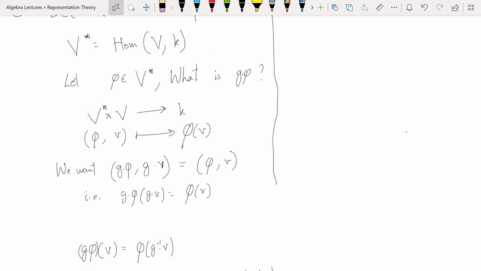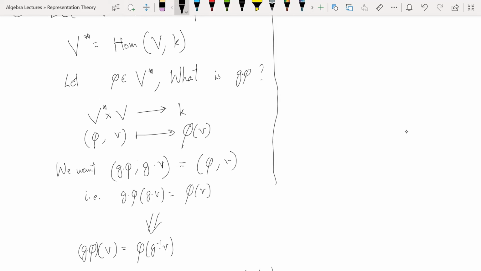We will see that this is the right way to think about it. So this is the action. If you want this property, then G phi of V should be phi of G inverse V. So this is consistent with this, and we will see that this is indeed an action.